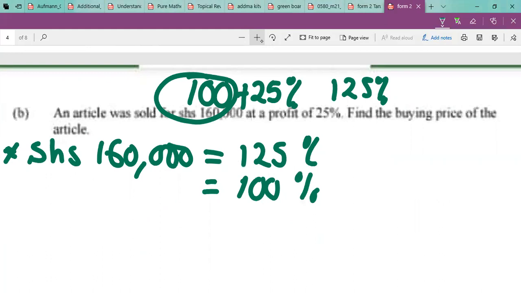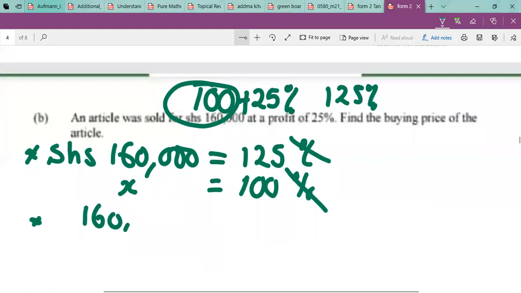So we want the amount here, which we can say X. So we can cancel this. All right, then we'll say this is equal to 160,000, which is equal to, we can find a number that we can divide in both, and that number is 25. 25 into 125, it is 5. Here it will be 4. Then we have got our X.